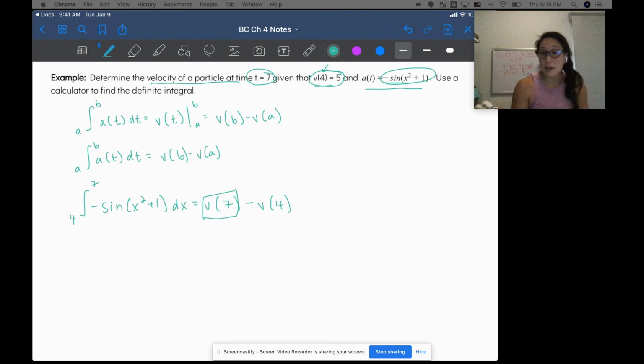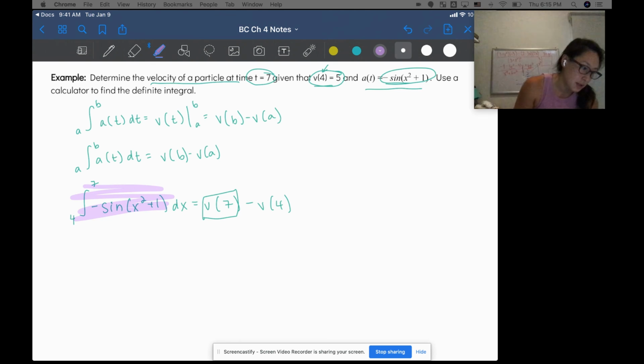I do not have my calculator app on my computer right now. So we're going to use a calculator to evaluate, I know this sounds crazy, the integral of negative sine x squared plus 1.